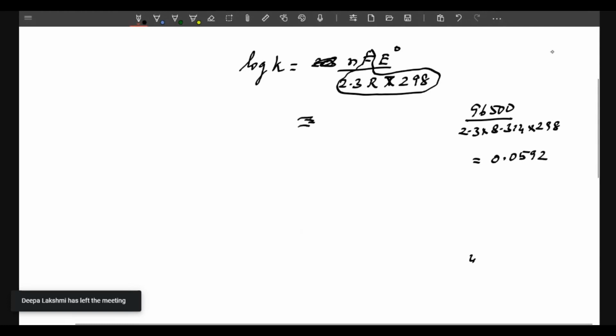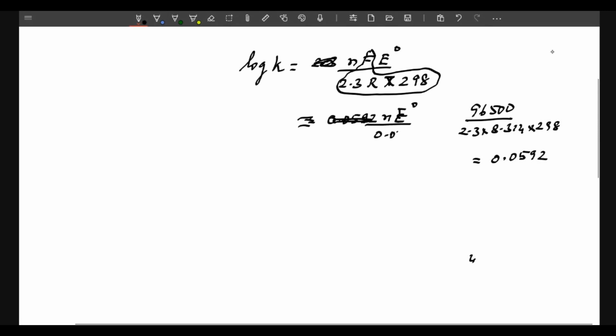Therefore, we simplify in the standard condition as n E naught by 0.06.